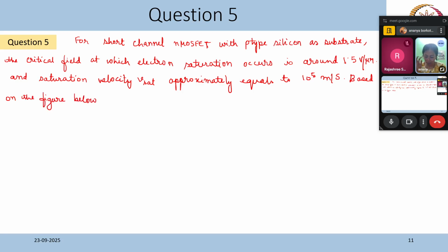Based on the figure below, velocity saturation effect, choose the incorrect statement. Okay.